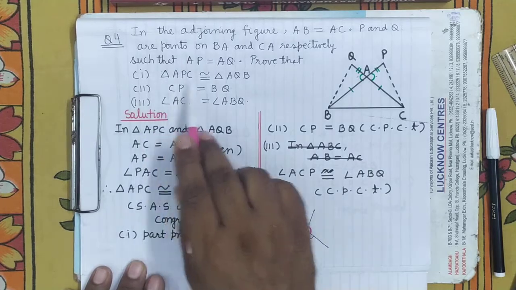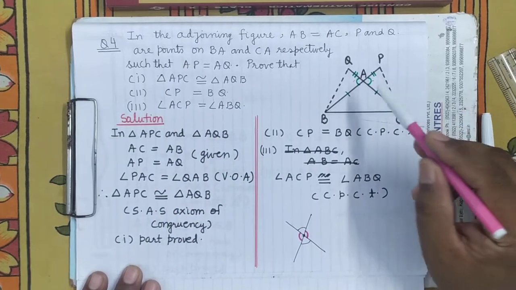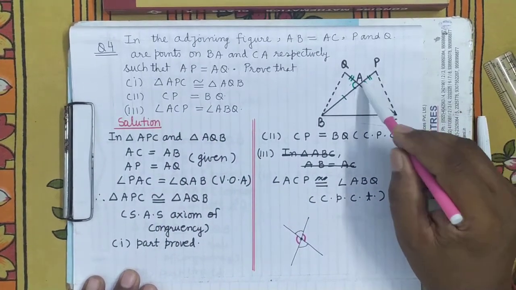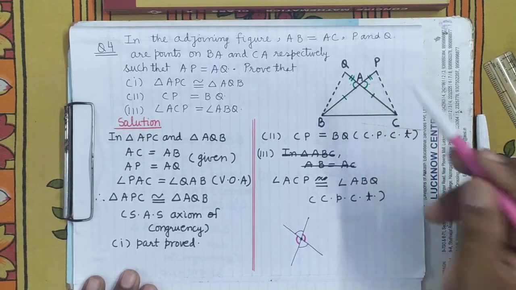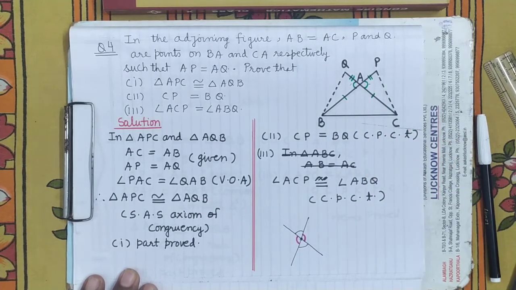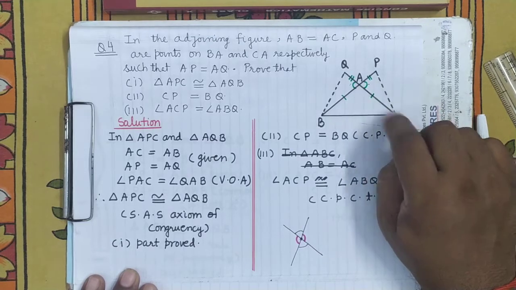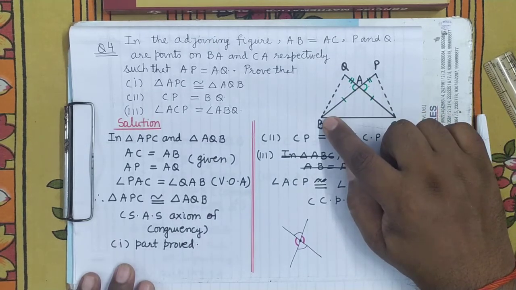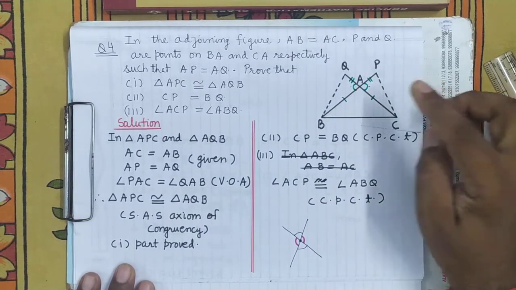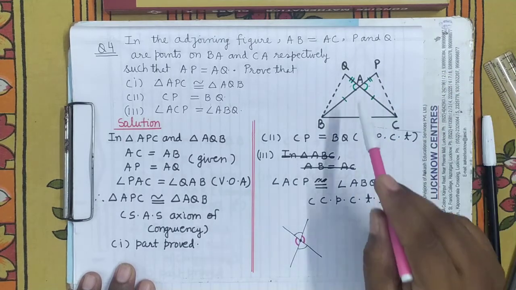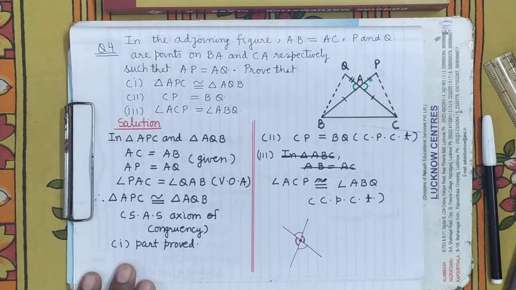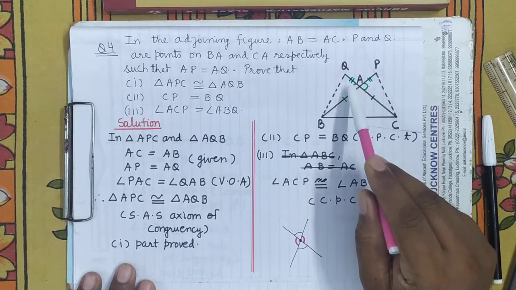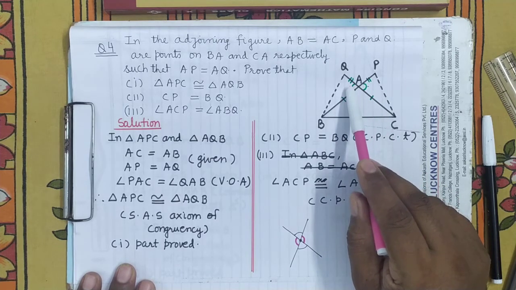Here you have to prove triangle APC congruent to triangle AQB. APC is this and AQB is this. It is very clear from the diagram: AC is equal to AB, it is given. AP is equal to AQ, that is also equal, and this angle is equal to this angle, vertical opposite angle.